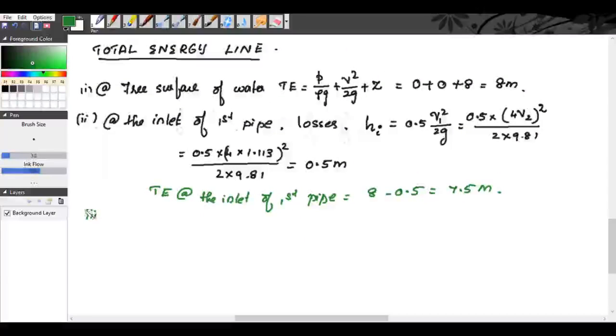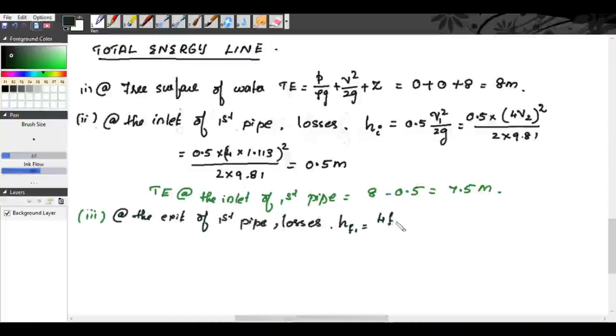So third case, at the exit of first pipe. At the exit of first pipe, loss HF1 is equal to, we know, 4F1 L1 V1 square by 2 GD. So substitute the values. We get HF1 is equal to 6.73 meter.